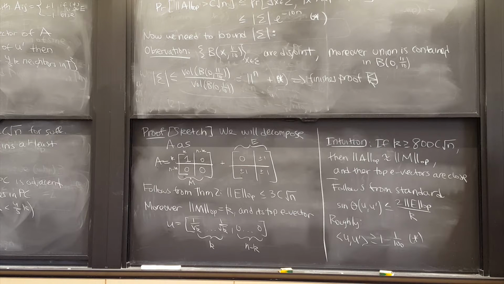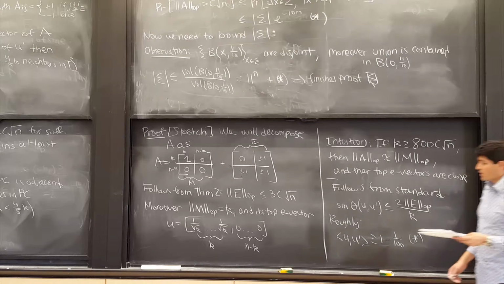At least 4/5 k of the first k coordinates in u prime have value, I'm not trying to optimize these constants again, at least, let's say, 1/2 root k.